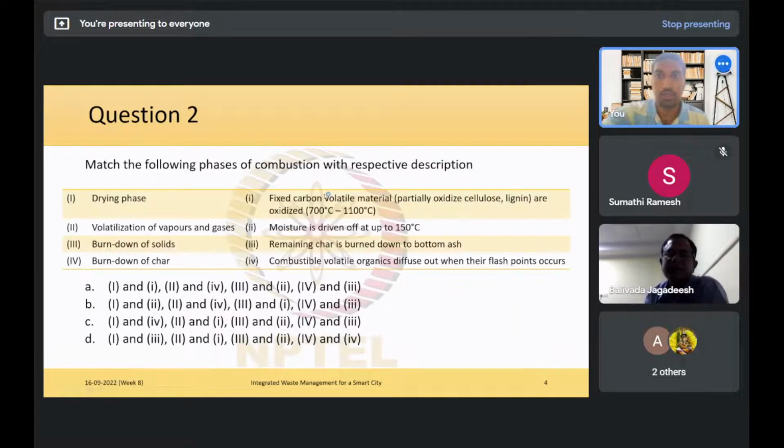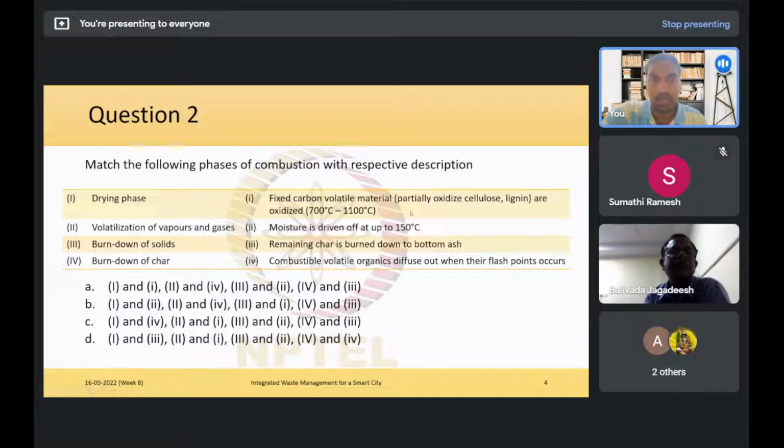Okay, question two. This is again related to the same question on the mechanism. Here we need to match. The four phases are given in column A, and we need to match them with the correct description of what happens in these different phases. We have the drying phase, volatilization of vapors and gases, burn down of solids, and burn down of char.